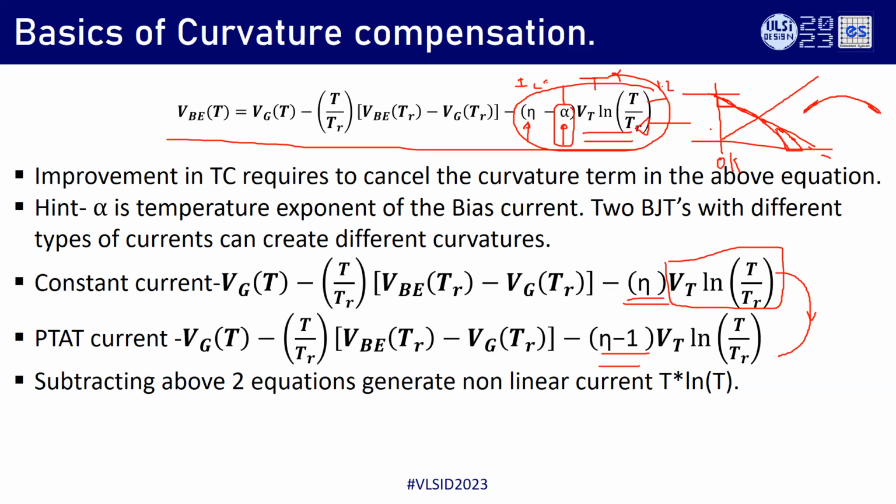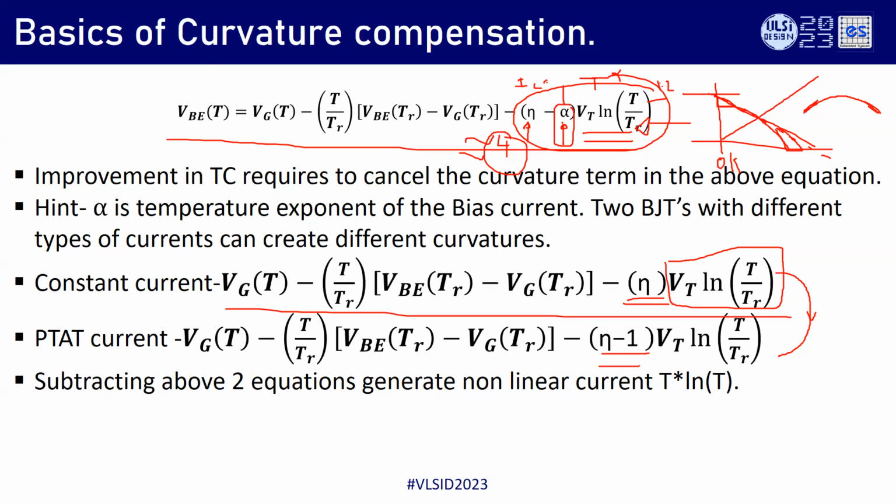We'll go to the implementation. One important thing to be noticed here is if alpha is higher, the curvature is lower, because eta is roughly 4 actually. I'm not exactly sure how it varies, but roughly 4 can be assumed.